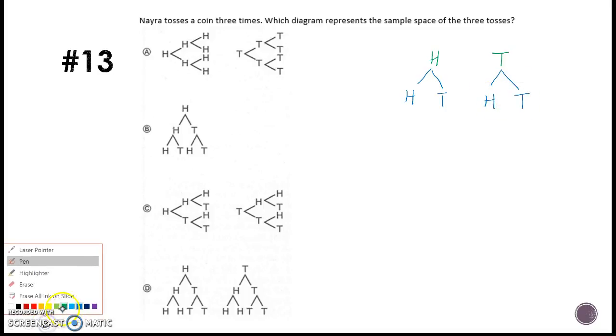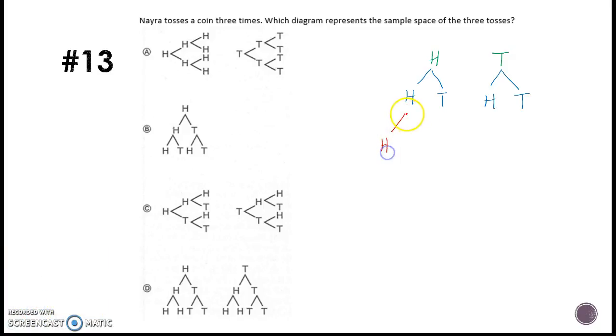And then the third time, again, she can either have tails or heads. So this is how I draw the tree diagram for this situation, and then I would go through and match it to the appropriate tree diagram.